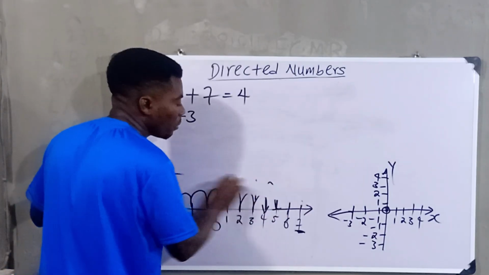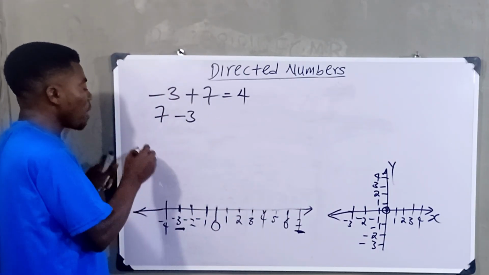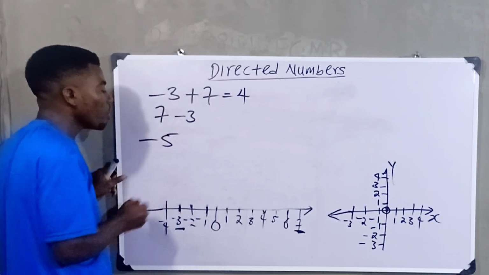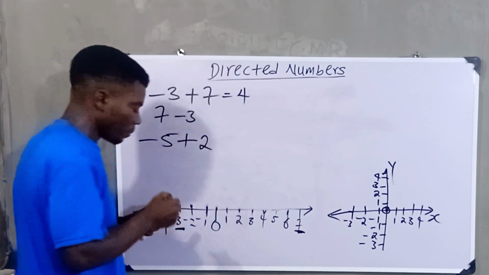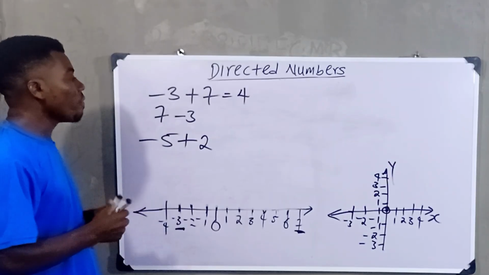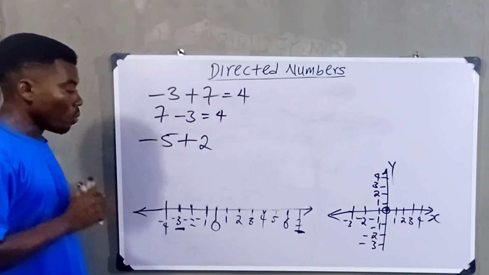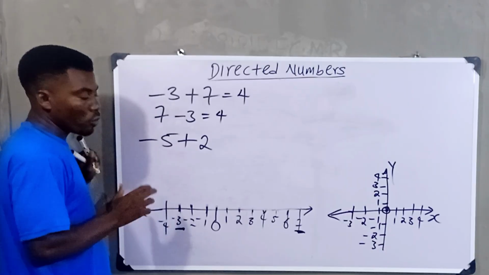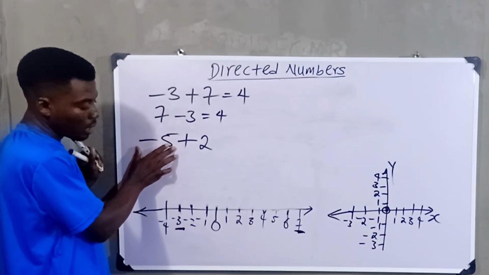Okay, now let's consider another question. Let's say we have something like -5 plus 2. So what is the value of -5 plus 2? Well, what you have to do is find -5 on your number line.